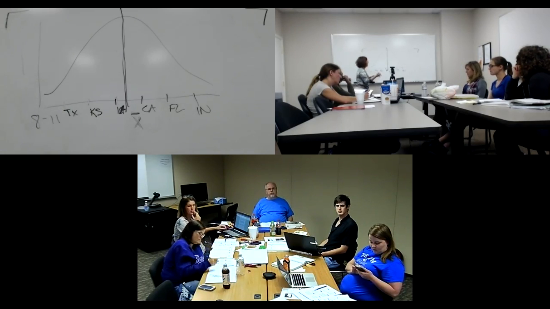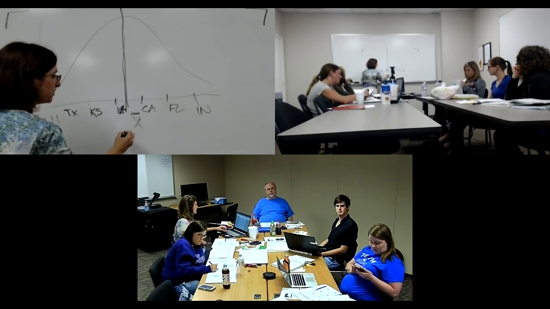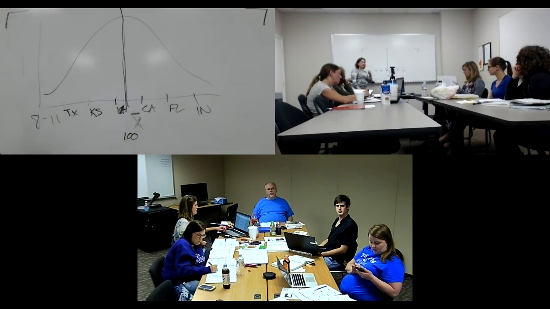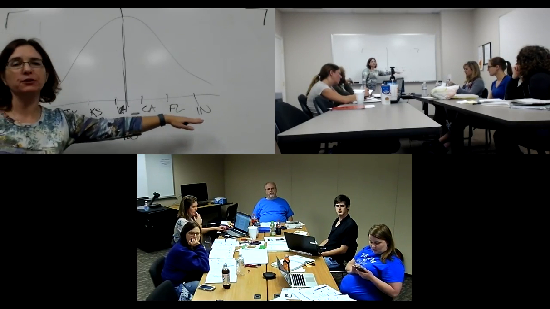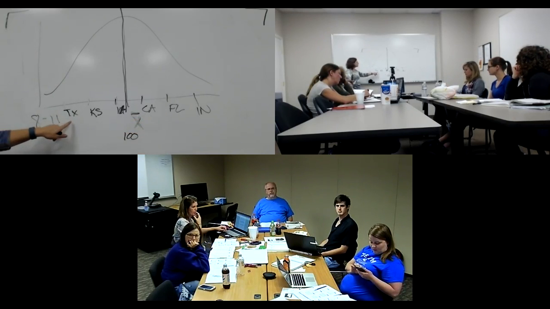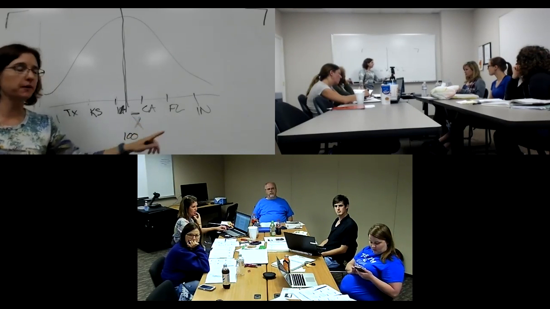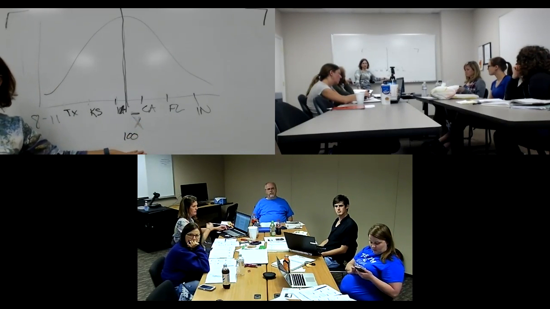We would like to think, because of how they've standardized everything, the average on an IQ test is 100, okay? We would like to think that of all of these samples, the mean score obtained on each one was right around 100.